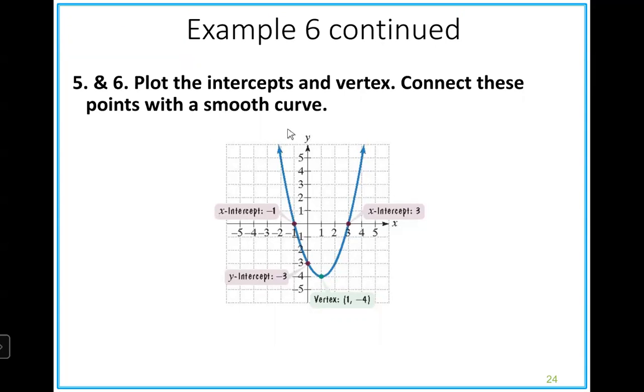So this is not exactly rough. This is a perfect copy of what it should look like. But showing you the points that we found: the vertex, which is 1, negative 4. We found the x-intercepts. Okay, that's x is equal to 3, x is equal to negative 1.